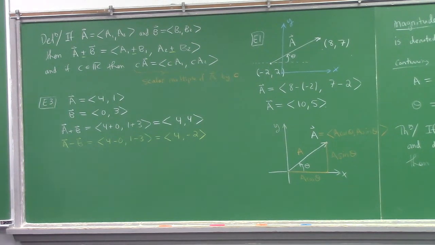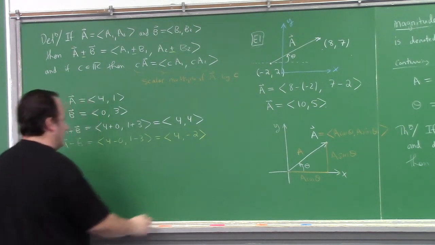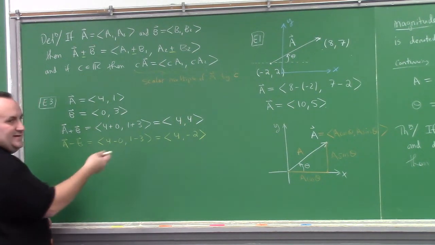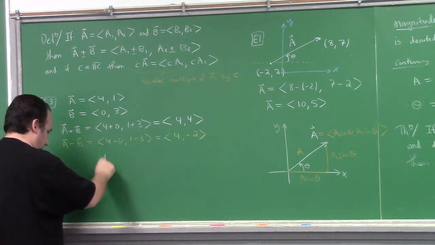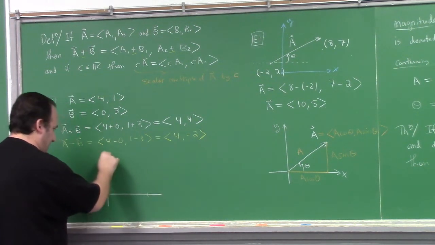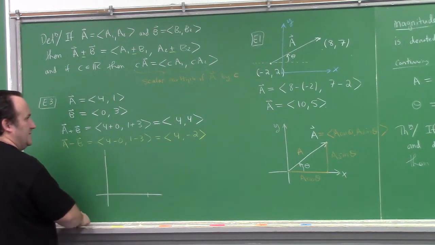Let's draw a picture. What's going on here? Where does C go? Oh, I didn't do anything with C yet. I'll do that next. Let's see here. So suppose this is 4 units out. Oh, let me make my picture bigger.